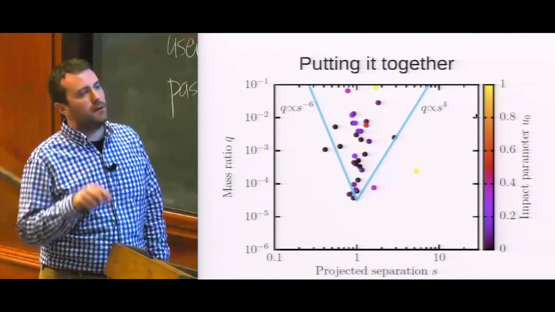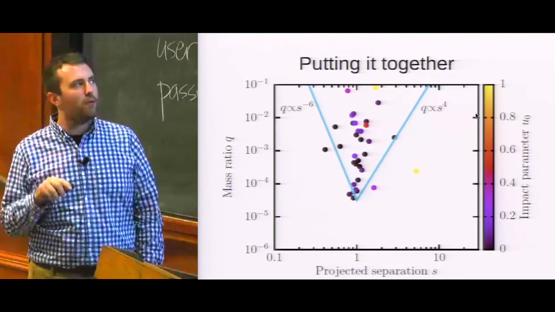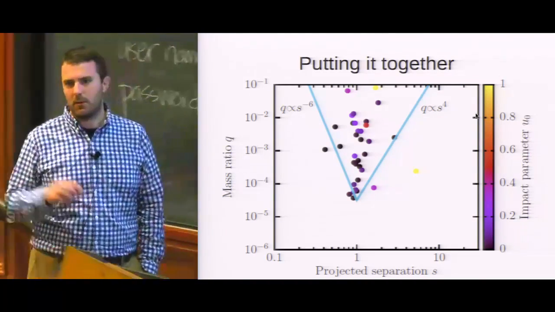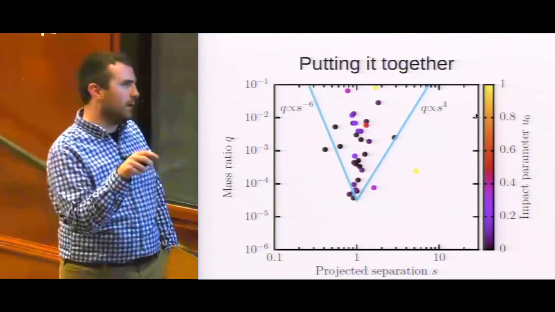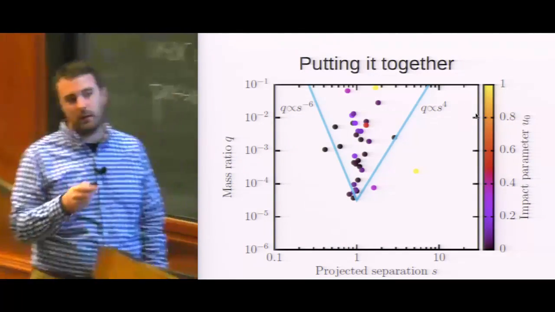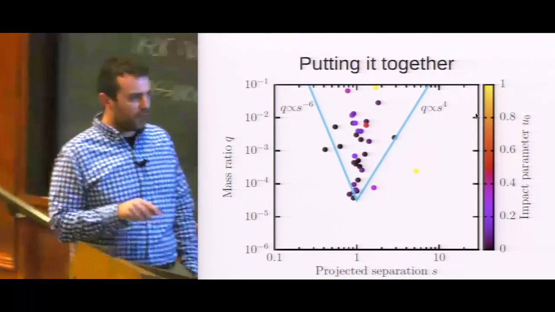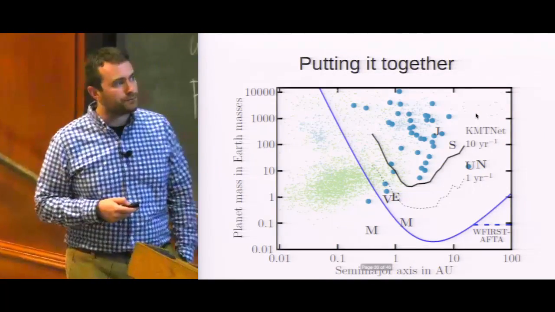So the lines on these plots typically are drawn at the position where, if you have one planet per star on that line, you would detect so many planets per year. This case here isn't really showing that either. I've just put the lines at an arbitrary position to show the kind of scalings that you get in this mass ratio projected separation space.